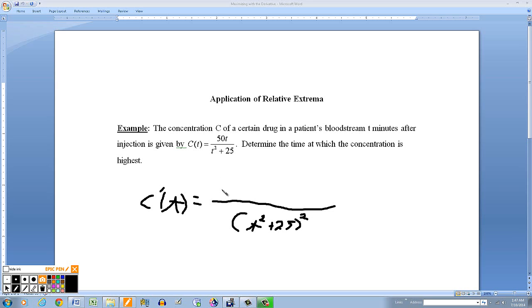And in the numerator, I'll have whatever's in the denominator, which is t squared plus 25, times the derivative of what's in the numerator. The derivative of 50t with respect to t is 50.